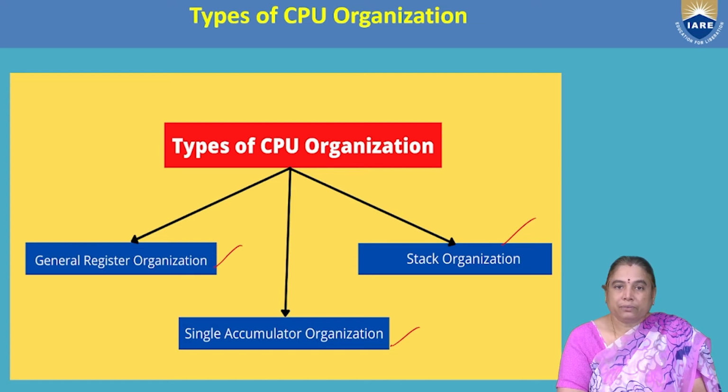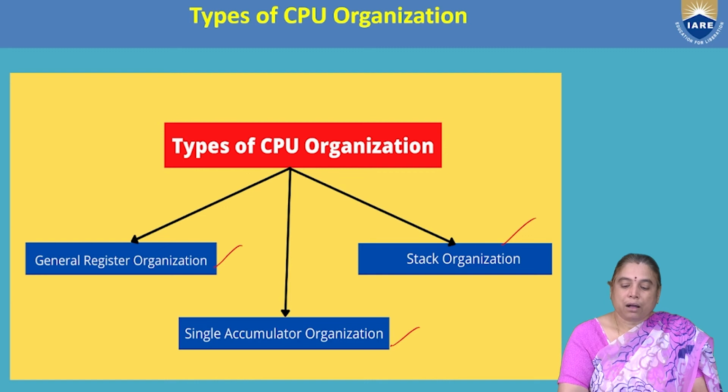Here the operands for the arithmetic operation can be stored in the stack, and the basic operations applied on the stack are push and pop. Whenever an operand has to be placed in the stack, the push operation is applied, and to retrieve it from the stack, the pop operation is applied.